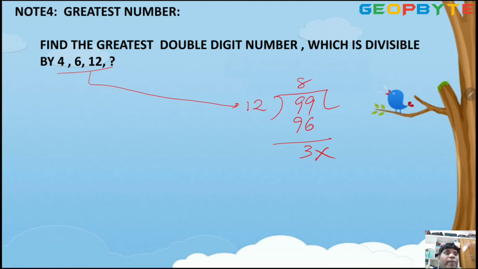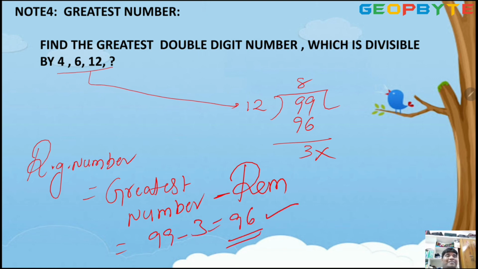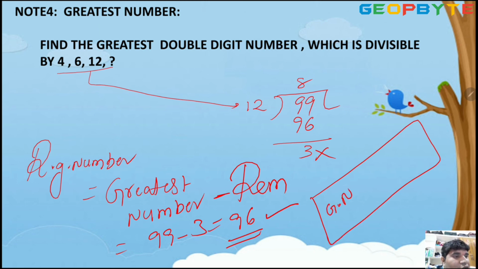So the required answer is the greatest number minus the remainder. The greatest is 99, the remainder is 3, so 96 is the answer. Got the point? Greatest number minus remainder. This is the logic.